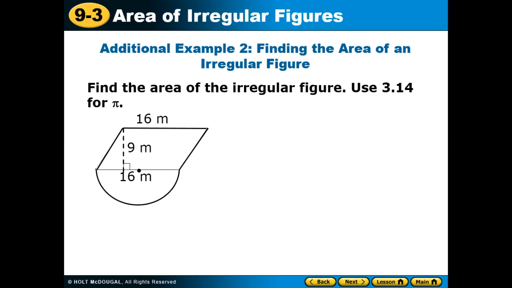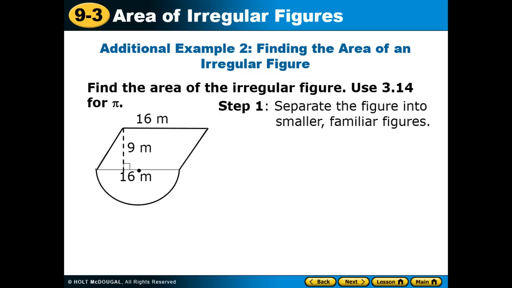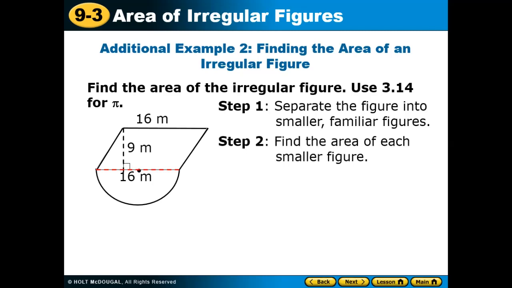Okay, so the first step is to separate the figure into smaller familiar figures. Second step, like this. Can you see this red line? I cut it into two figures whose areas I already know how to find. I can find the area of a circle and also the area of a parallelogram, right? So the second step is to find the area of each smaller figure. So again, the first step is to separate the figure into smaller familiar figures.